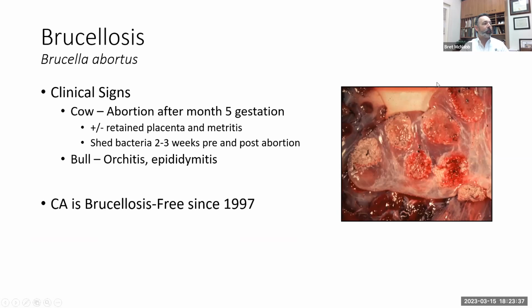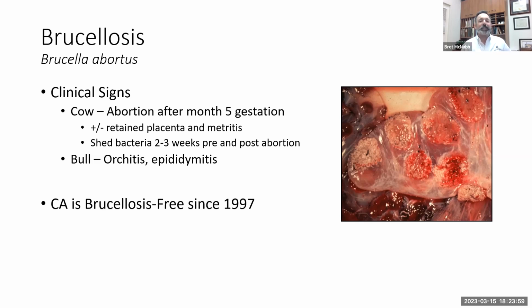Another bacteria that luckily we don't see anymore in California and really only see occasionally around Yellowstone would be brucellosis, right? But a very classic example of a bacterial infection. This bacteria basically targets certain sugars that live in the cow's placenta.